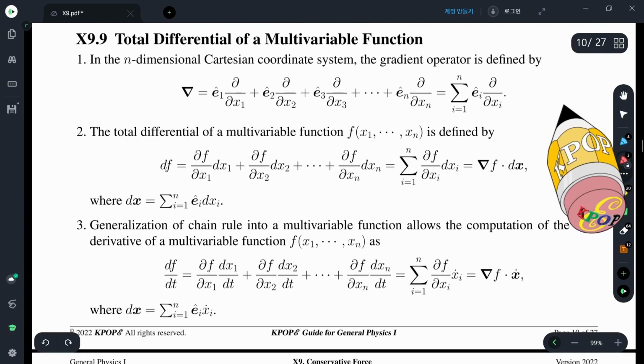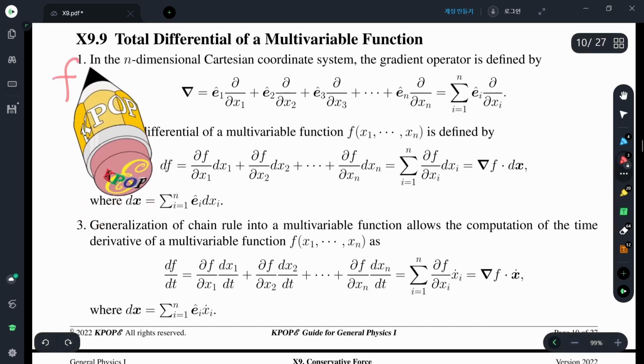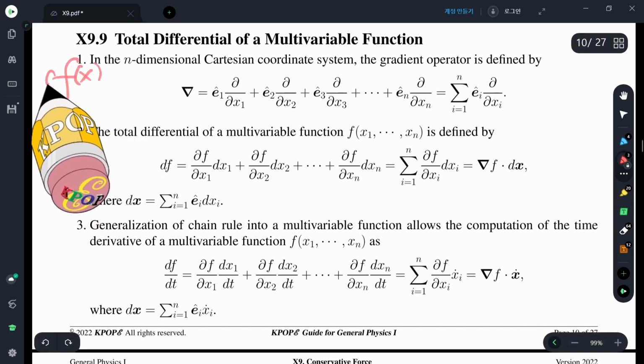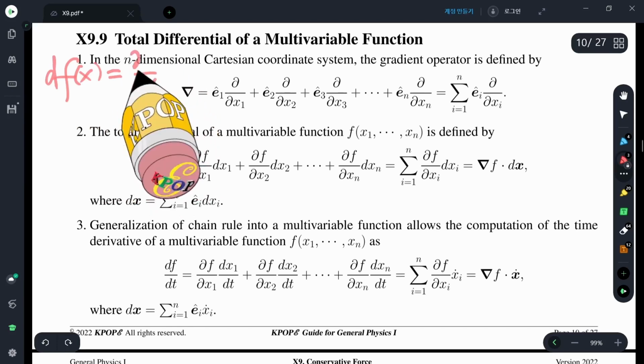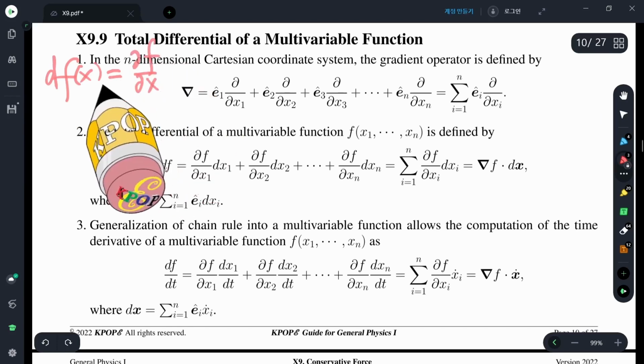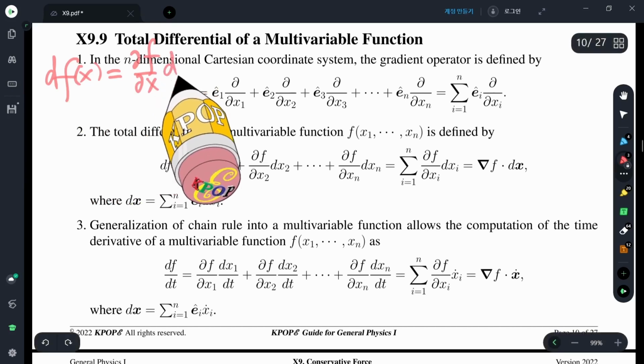Total differential of a multivariable function. The gradient is very useful to find the change of a function depending on many variables. For example, for f of x, the differential is the total derivative, the same as the partial derivative for a single variable function.